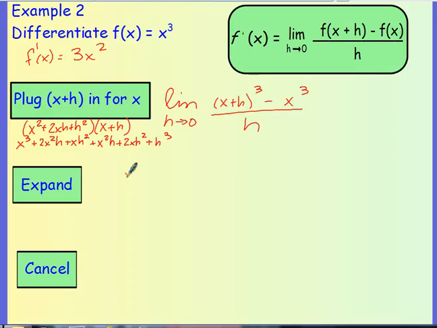Okay, so now be very careful here, because remember, you can only combine like terms. And what does it mean for terms to be alike? Same exponents, same variables. So x cubed, is there anything like it? No, so obviously that's going to drop down. 2x squared h, is there anything like that? Yes.